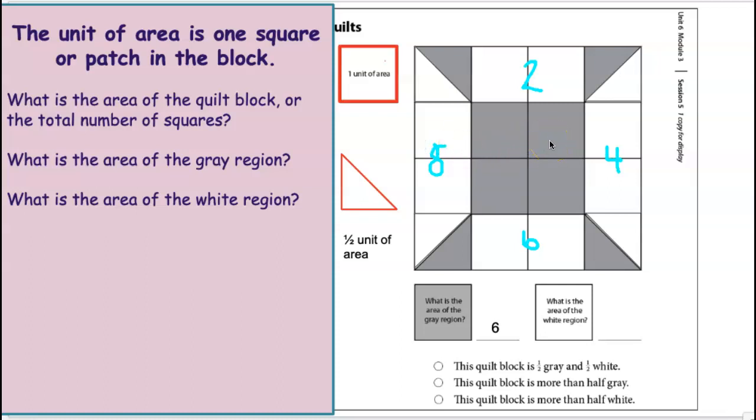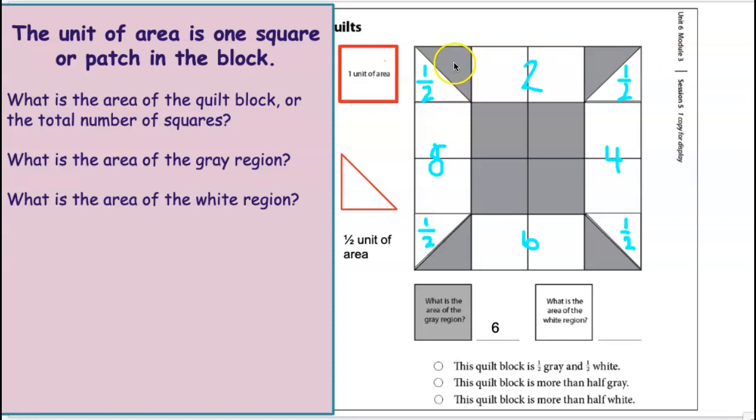Now I'm using the same idea as before with my gray triangles, that my white triangles are 1/2 of a unit. So I see 1/2 here, I see another half right here, I see another half right here, and my fourth half, I know that sounds funny, but it's right here.